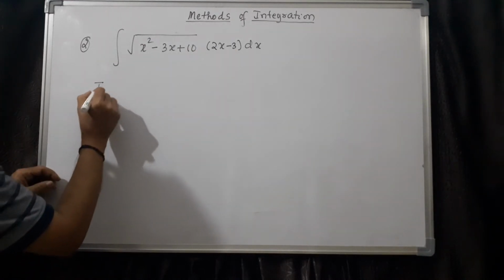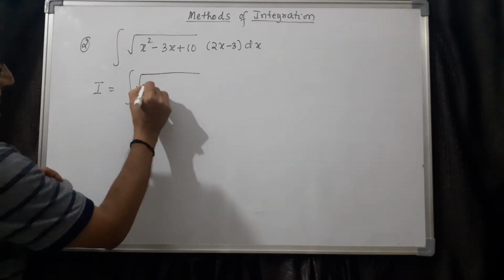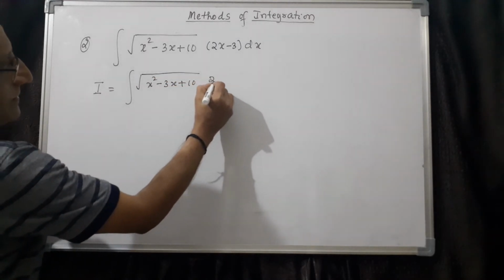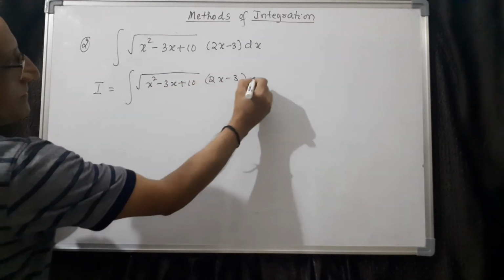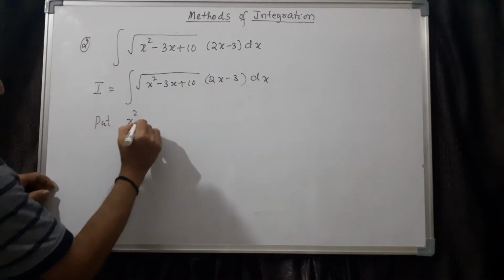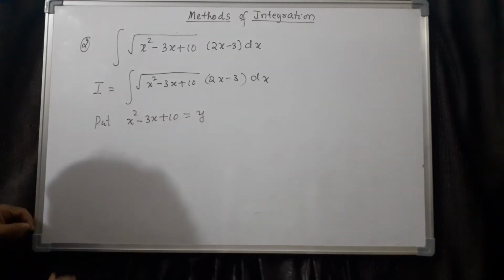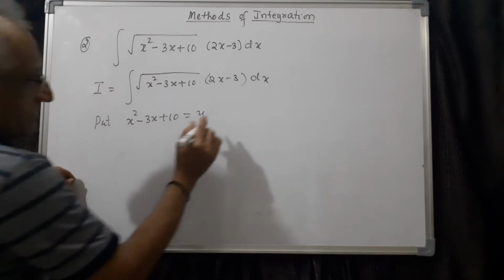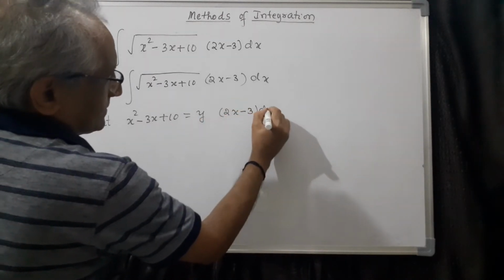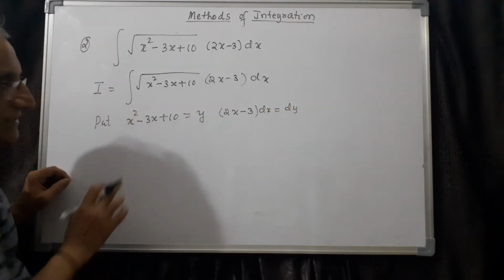So let me write I equal to integration of square root of x square minus 3x plus 10, then 2x minus 3, then dx. Now put x square minus 3x plus 10 equal to y. As before, when you differentiate this, it will be 2x minus 3, then dx, and this will be equal to dy.